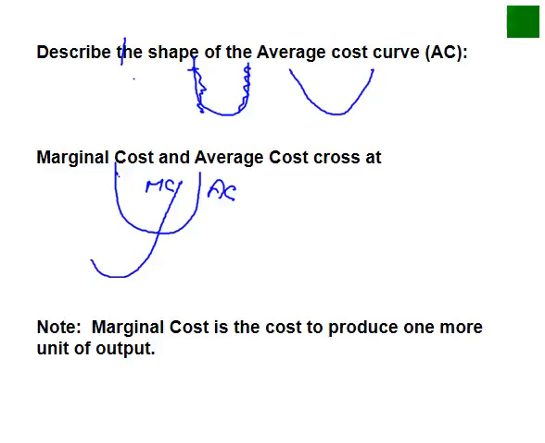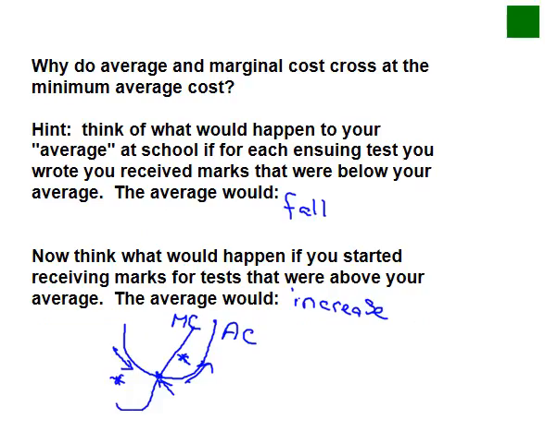So marginal cost is going to come up through the minimum of average cost. And just a reminder that marginal cost is the cost to produce 1 more unit of output. We haven't yet really looked at why average and marginal costs cross at the minimum of the average cost.